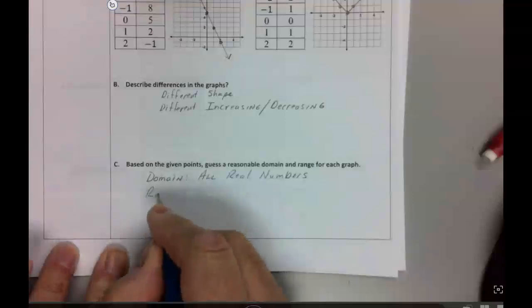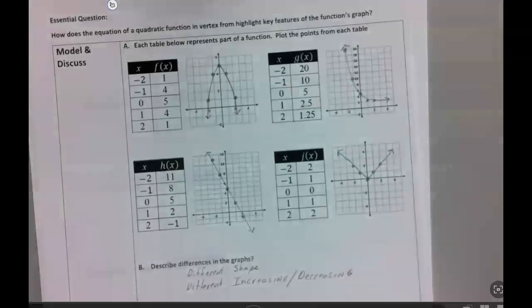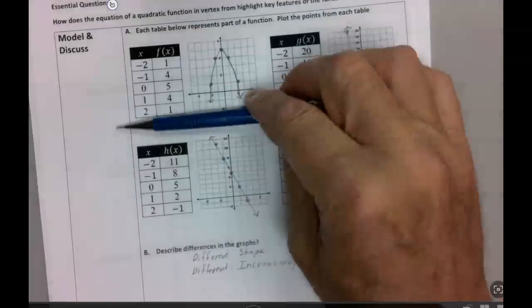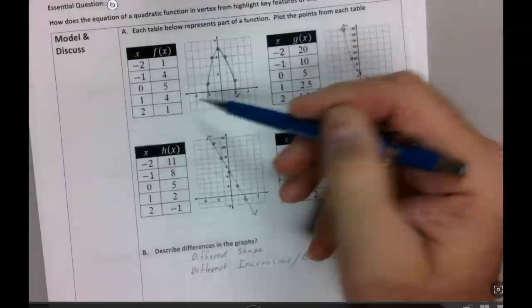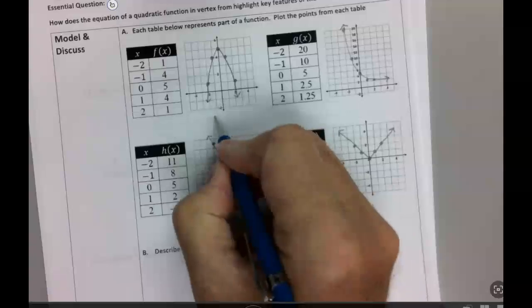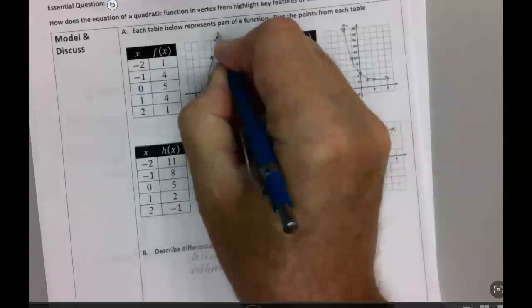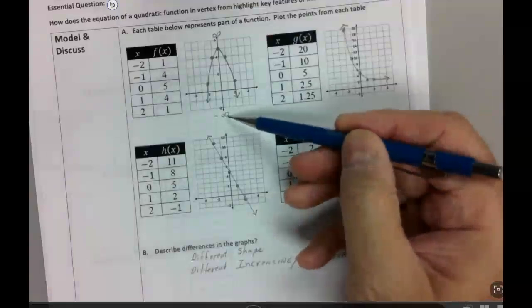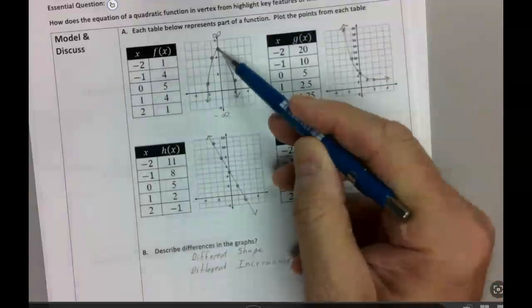Now let's talk about the range, which is different for each one. Let's look at this first one here. The range of the y values. And the range, you always go floor to ceiling. So look at this one here. What's the floor? What are those arrows pointed towards? Negative infinity is down here, positive infinity out here. So the range for this one here would be negative infinity to 5.